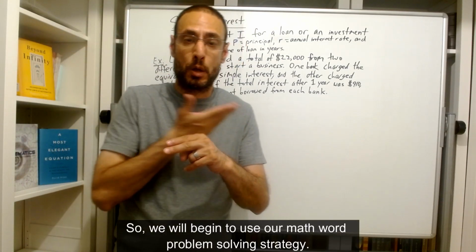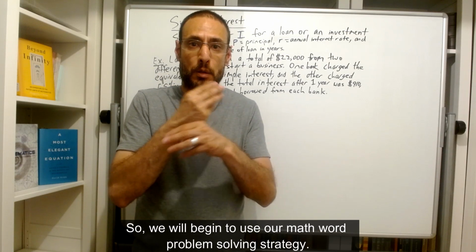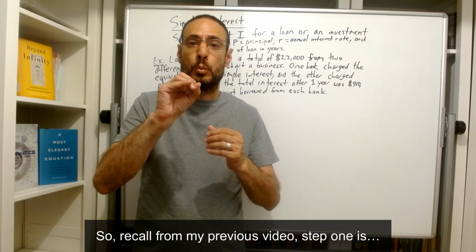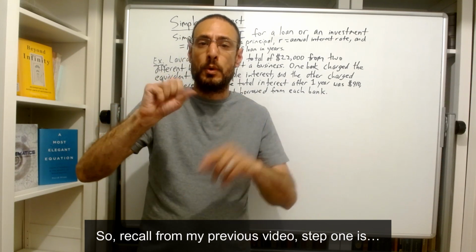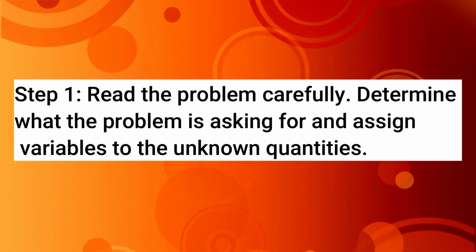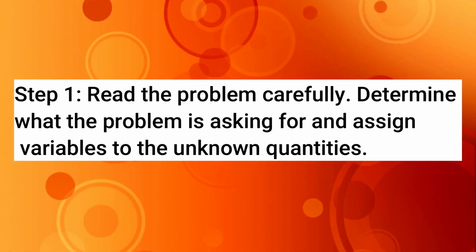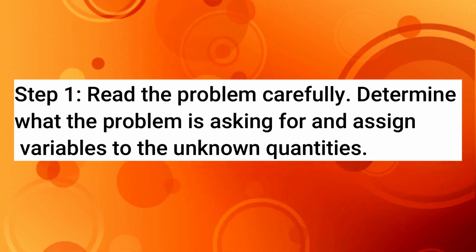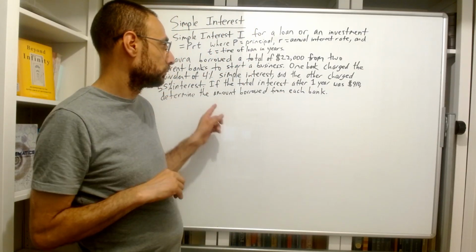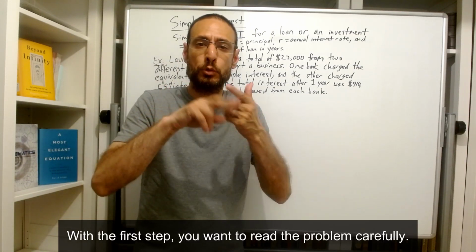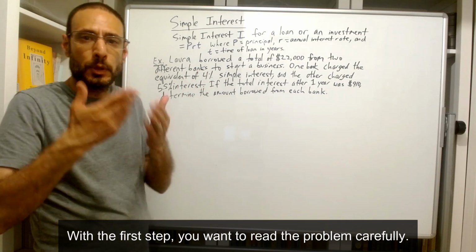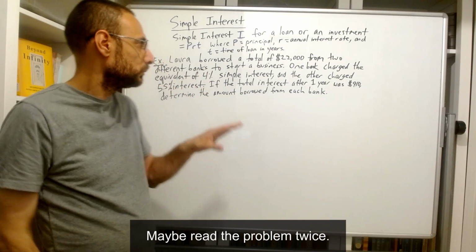So, we will begin to use our math word problem-solving strategy. Recall from my previous video, step 1: you want to read the problem carefully. Maybe read the problem twice.